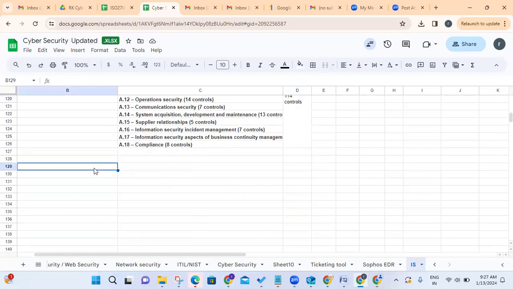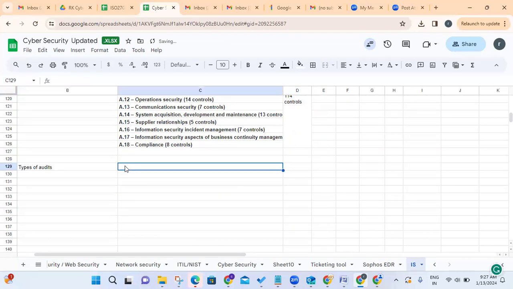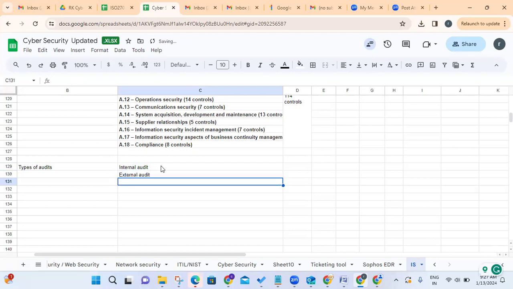So there are two different types of audits. One is internal audit, the second one is external audit. Internal audit will be completed within the organization.